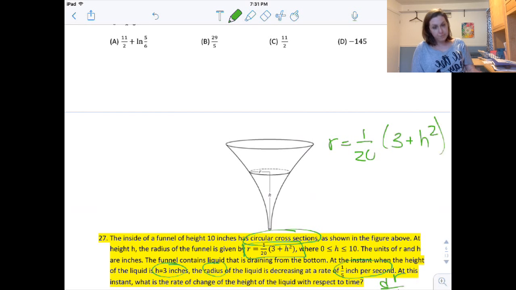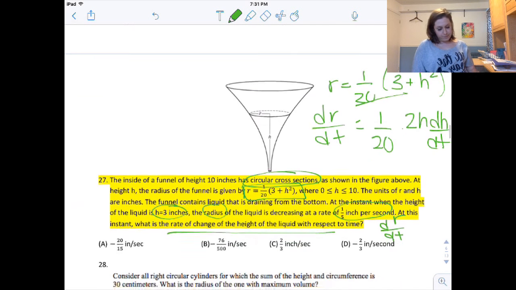So what I'm going to do is find dr/dt because I know that and I want dH/dt. 1 over 20 times 3, derivative of that is 0. 1 over 20 times h squared, the derivative of that is 1 over 20 times 2h dH/dt. Now they tell me at this point that the height is 3, and I know this is 1/5. So 1/5 is 1 over 10 times 3 dH/dt.